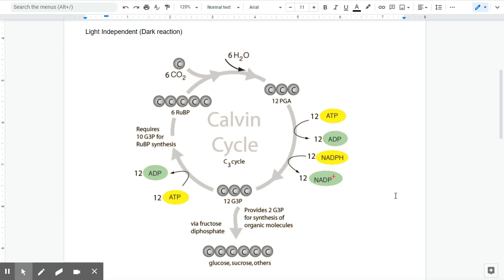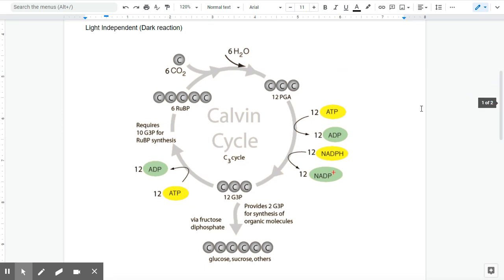Okay, here's the other part of your diagram. It is labeled the light independent or the dark reaction. So this is our second reaction here in diagram form, and let's break that up.